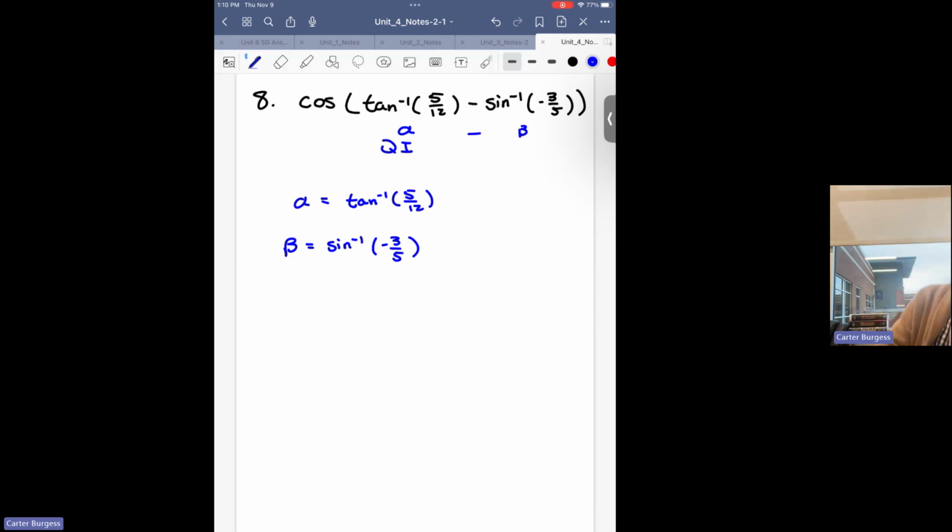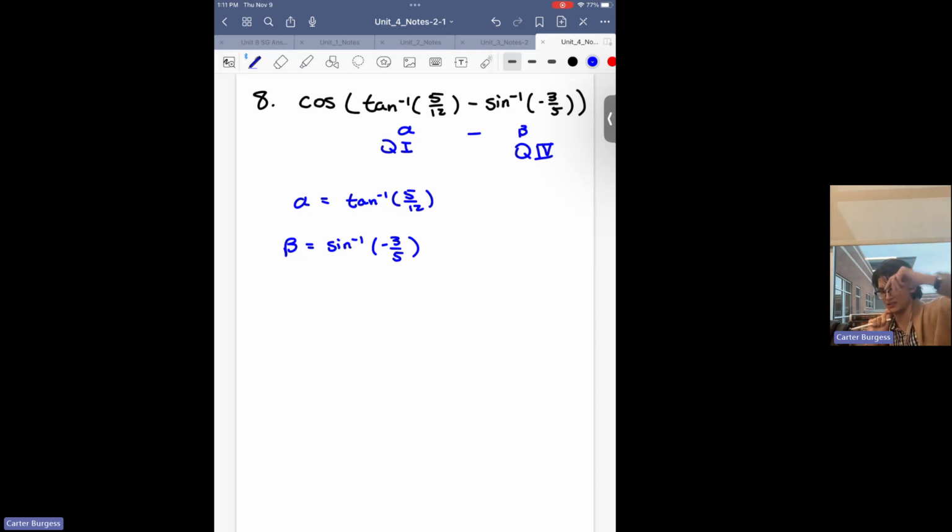What about our beta? Where does our beta live? Sine inverse? Where's sine inverse? That is going to be the 4th quadrant, because sine is either going to spit us out in the 1st quadrant if it's a positive y value, or the 4th quadrant if it is a negative y value.